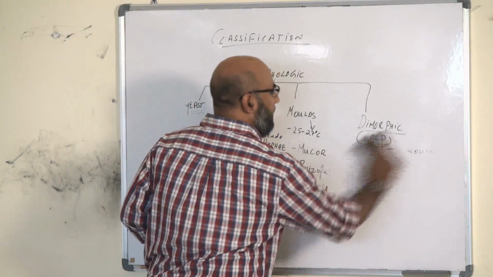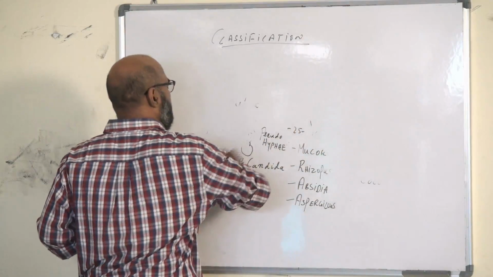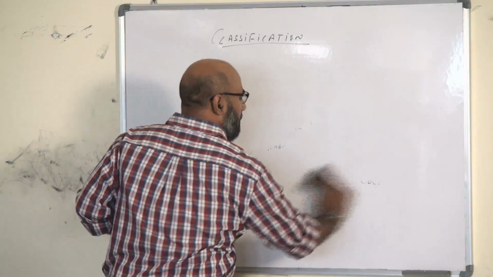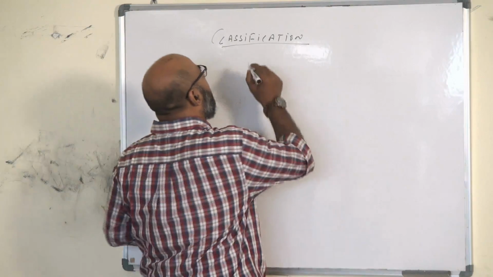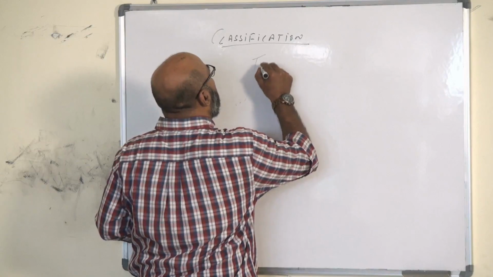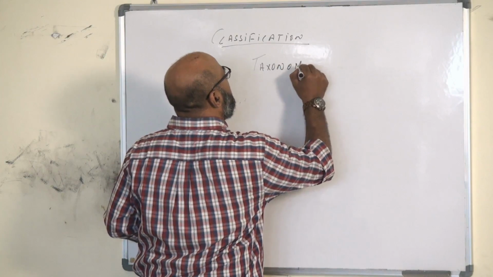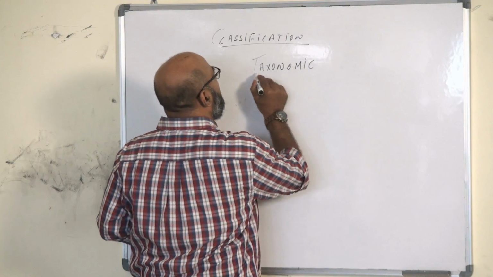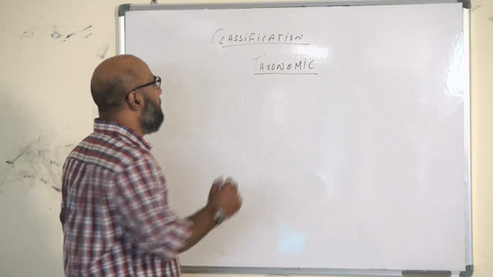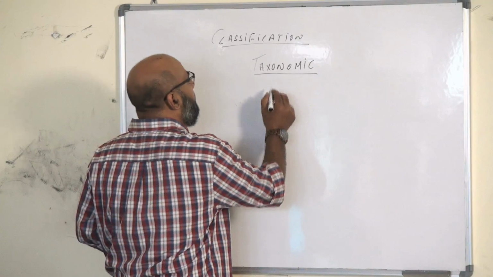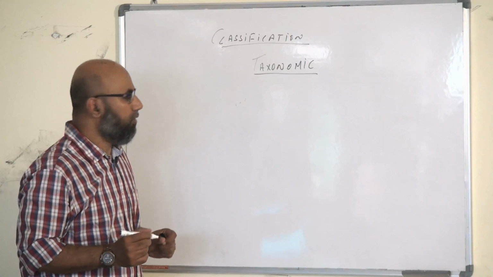Now coming to the second classification, which is the taxonomic classification. Taxonomic classification is based on the sexual spores of the fungi.